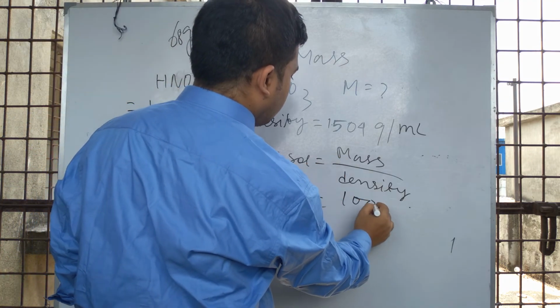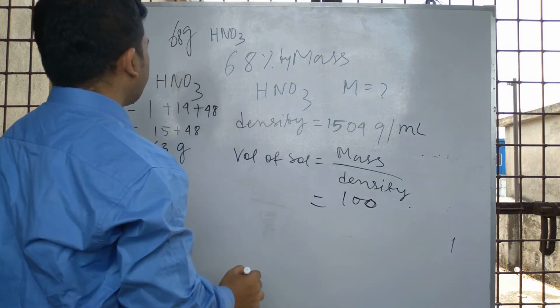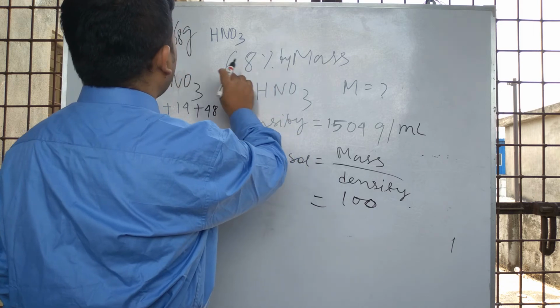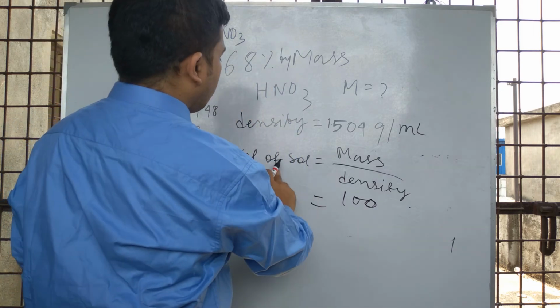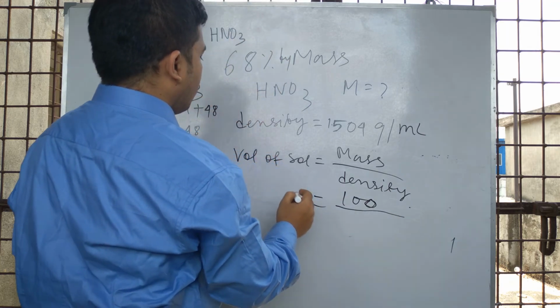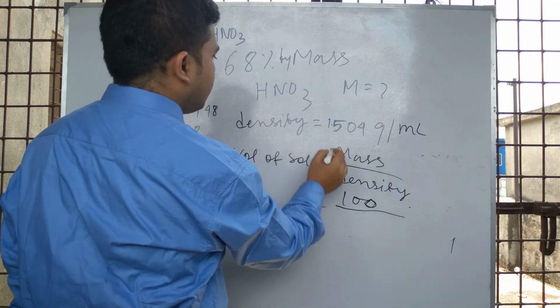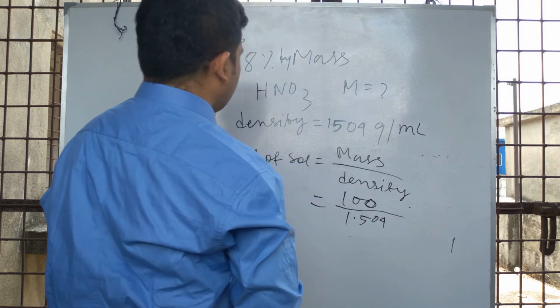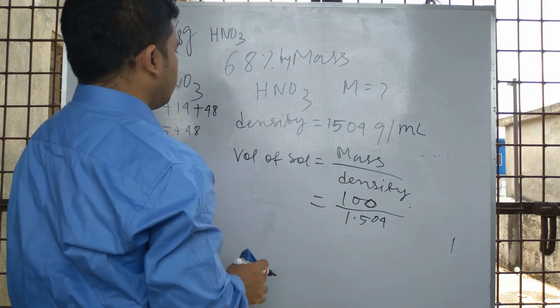Total mass of the solution is 100 gram. 68% means 68 gram nitric acid. Total volume of solution means mass, that is 100 gram, divided by the density 1.504. So this is becoming the volume of solution.